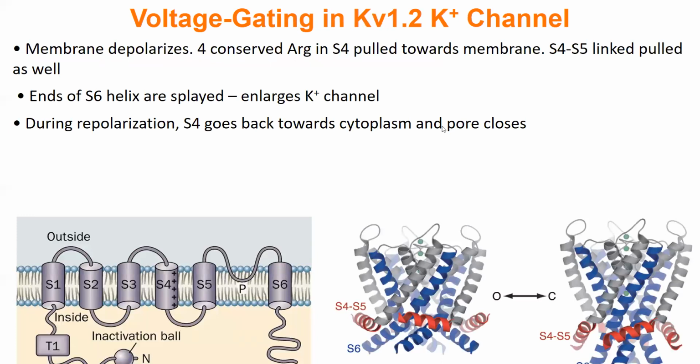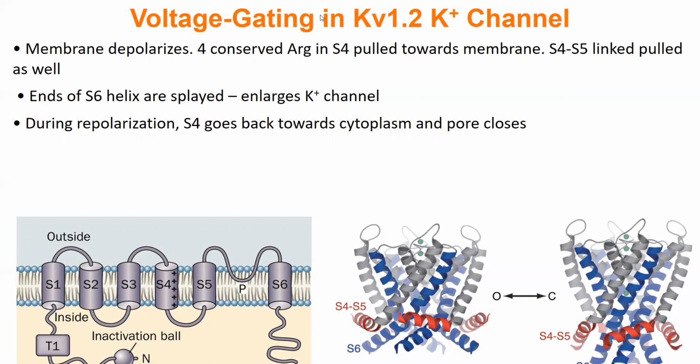But I do want to go into the actual channel itself. And the main channel we're going to talk about is the potassium voltage-gated channel in the nervous system. And it's called a voltage-gated channel because it opens and closes based on the charge of the cell.